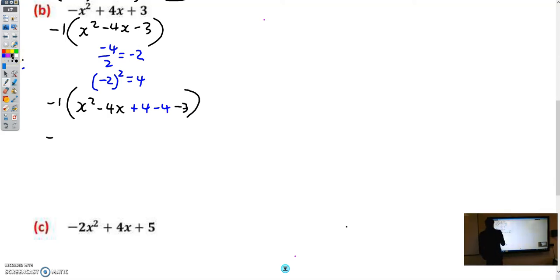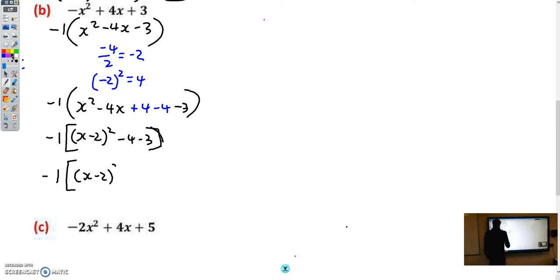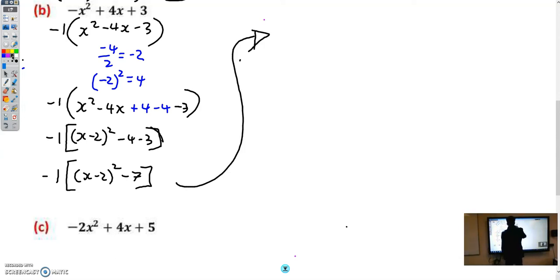We complete the square. Minus 1, I'm going to use square brackets now because we're going to have our x minus 2 squared minus 4 minus 3, which will leave us with minus 1 outside of x minus 2 squared minus 7. Now, we're not going to leave it in this form. We are going to apply our difference of perfect squares. So, once again, we have minus 1 outside of x minus 2 all squared, minus 7.